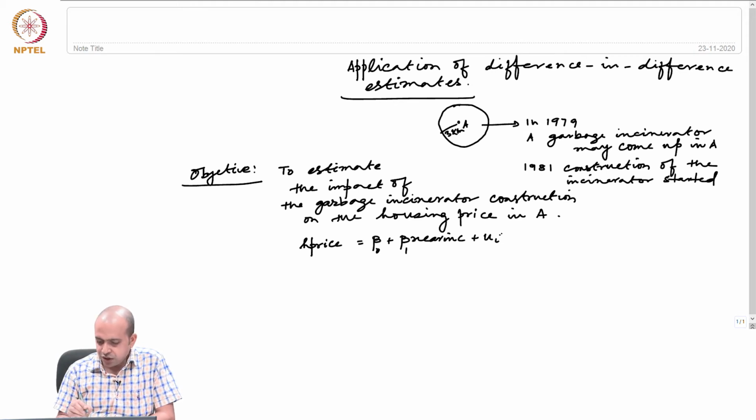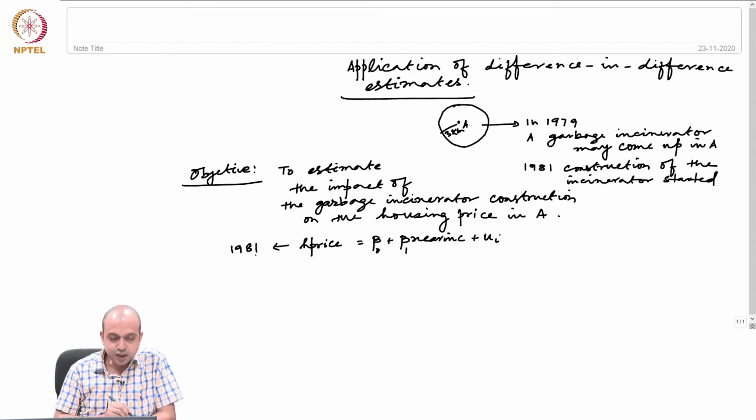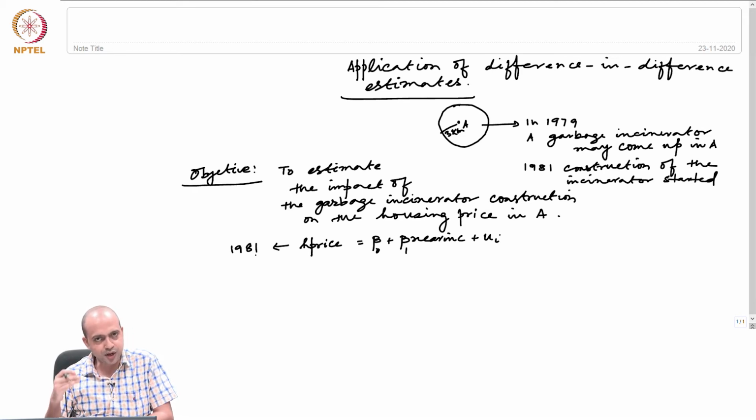We are estimating this type of model in the year 1981, when the garbage incinerator construction has started. We have collected housing price data, and this is our model, and near INC is basically a dummy variable.